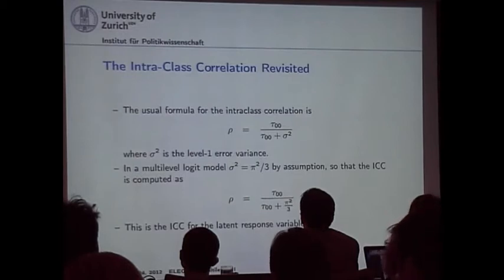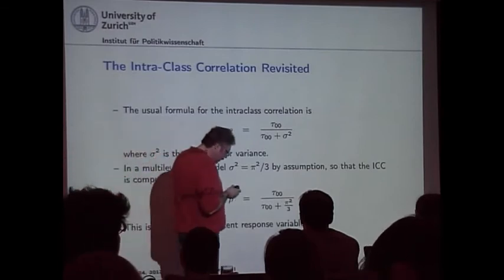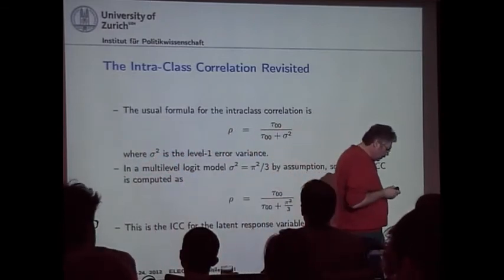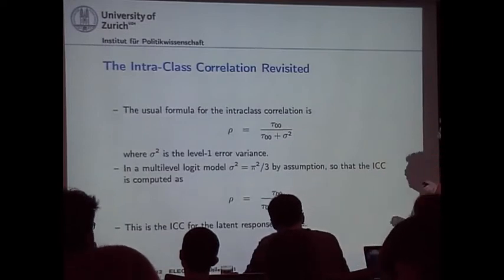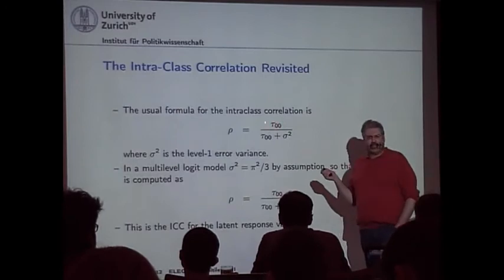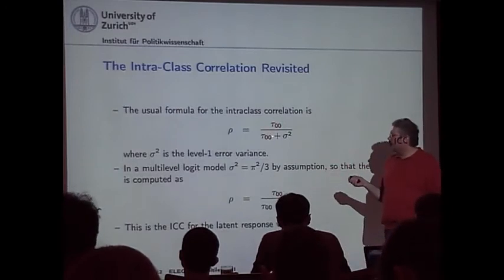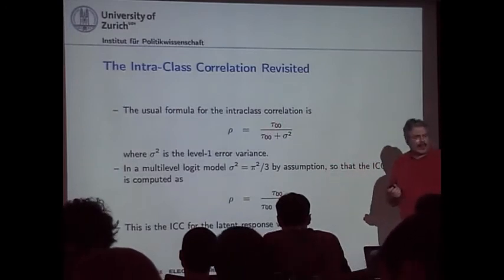Now, the interclass correlation in this model is a bit different from what we saw for the linear model, because in the linear model we said it's tau 0,0 over tau 0,0 plus sigma squared.